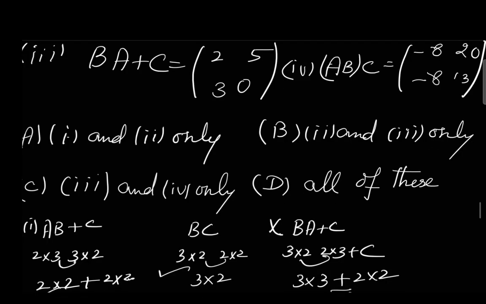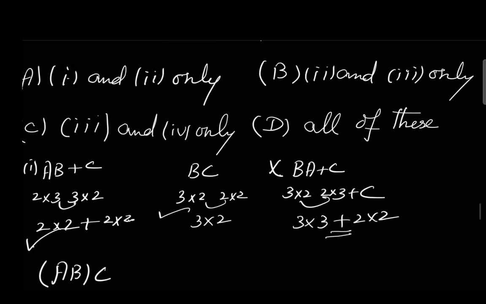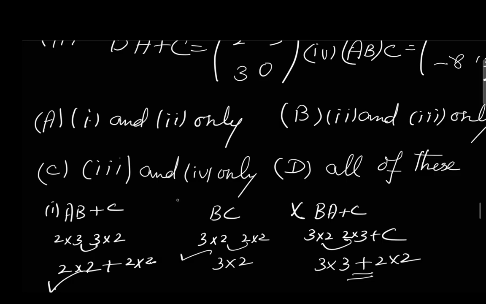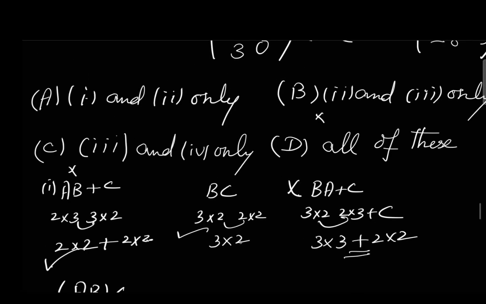Here, 3 are possible: first, second, fourth. Third is not possible. So if you have third in any option, just give a cross mark. But option A gives you the first and the second. They don't mention the fourth, so don't worry about it. So option A. You choose option A.